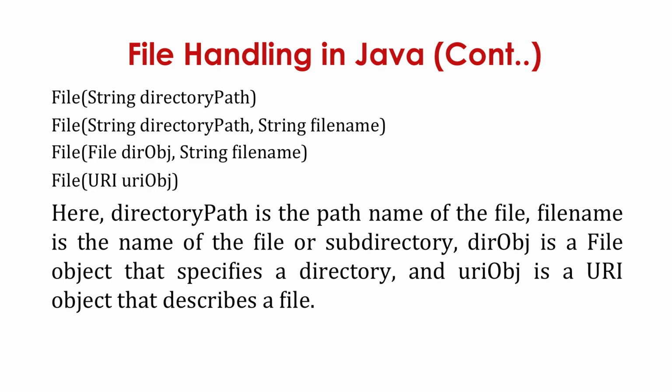Directory path is the path name of a file. File name, as you know, describes the name of a file or a subdirectory. The dir obj we have used in the File constructor example is a File object that specifies a directory, and the URI object is a URI object that describes a file.